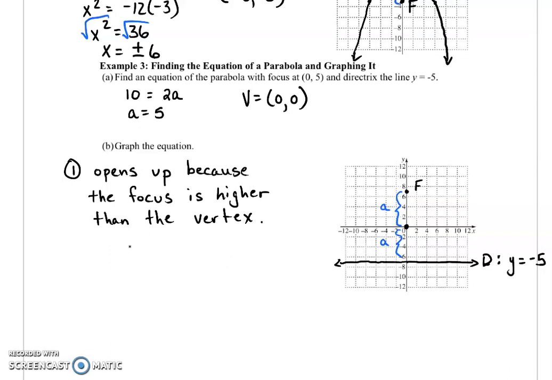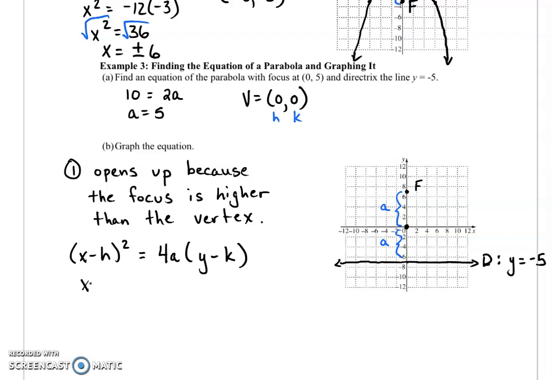And since we know that it opens up, that means our equation is x minus h squared equals 4a times y minus k. So our vertex is (0, 0). Remember, that is our (h, k).